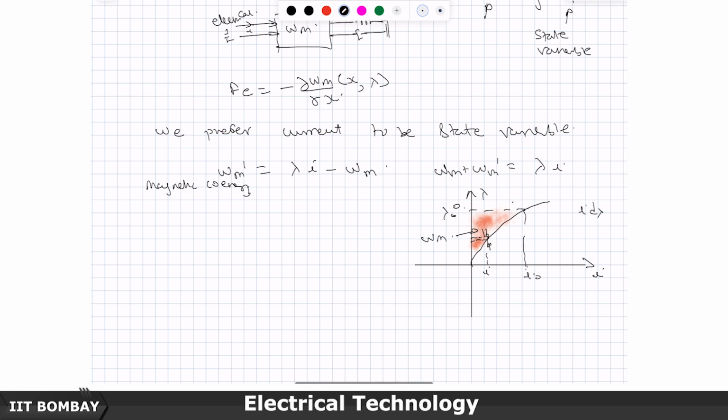That I d lambda is exactly this small strip. The basic current is I, d lambda is this small width, I d lambda is this small strip, and then I am going to integrate it from 0 to lambda naught. So, I keep adding these strips here, here, and I get the Wm. Now, the lambda I product is this complete rectangle, and I subtract Wm from it.